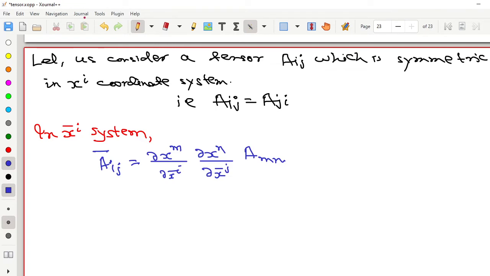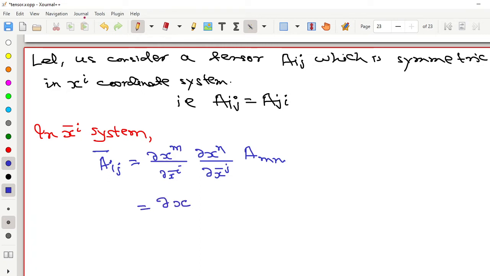Now what to do over here in the x^i system? Let us interchange m and n because they are dummy indices.